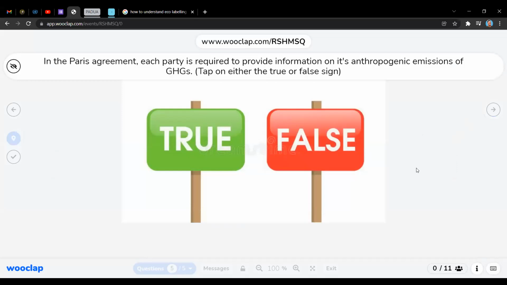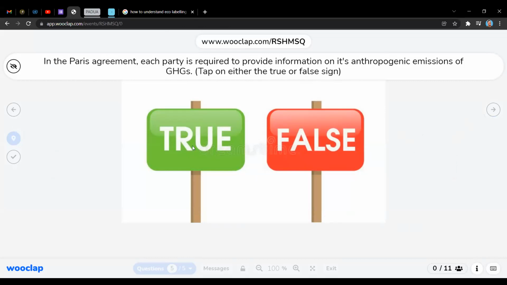This is also very easy. In the Paris Agreement, each party is required to provide information on its anthropogenic emissions of GHGs, which is greenhouse gases. Tap on either the true or false sign.